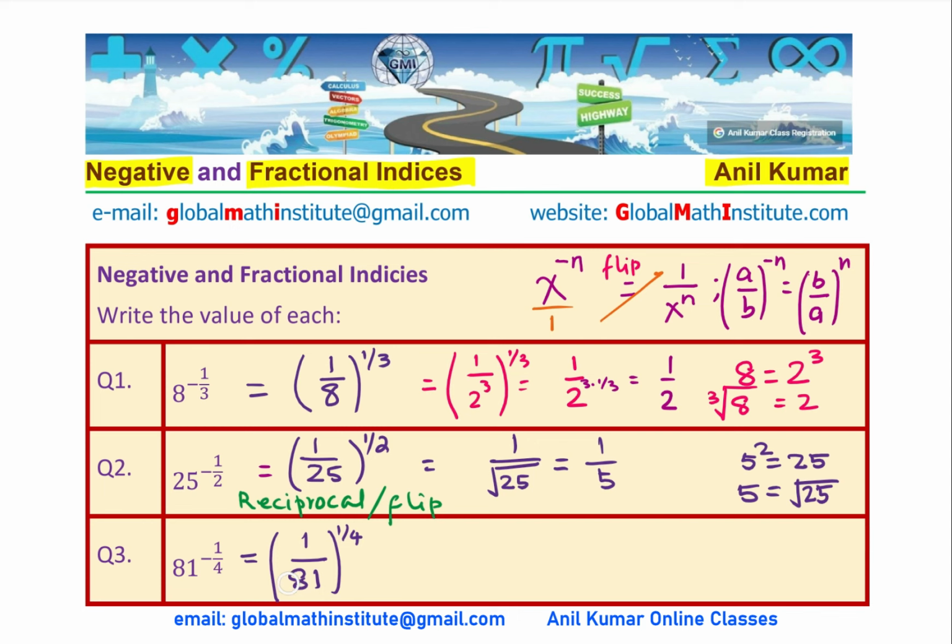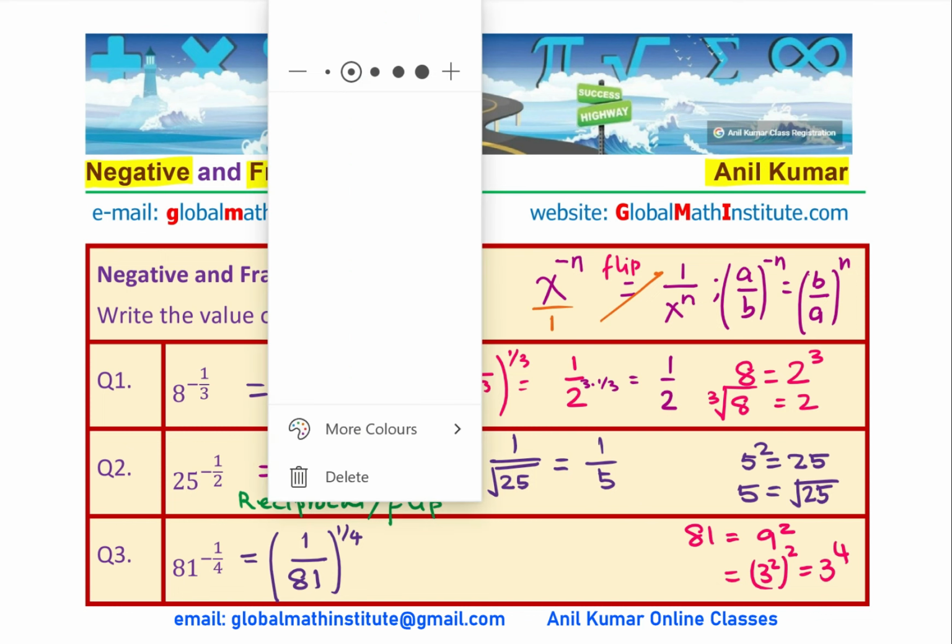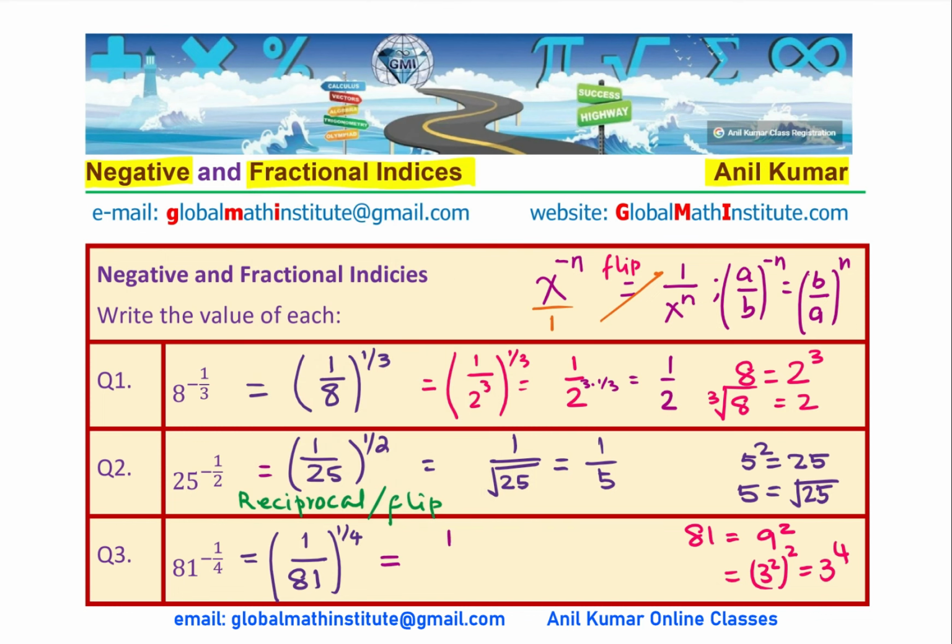We are working on 81. 81 is 9 squared, and 9 is 3 squared, so 81 is 3 to the power of 4. Using this, we can rewrite this as 1 over 3 to the power of 4, to the power of 1 over 4. And that gives me 1 over 3. So that is how we are getting our results. Is this clear to you?